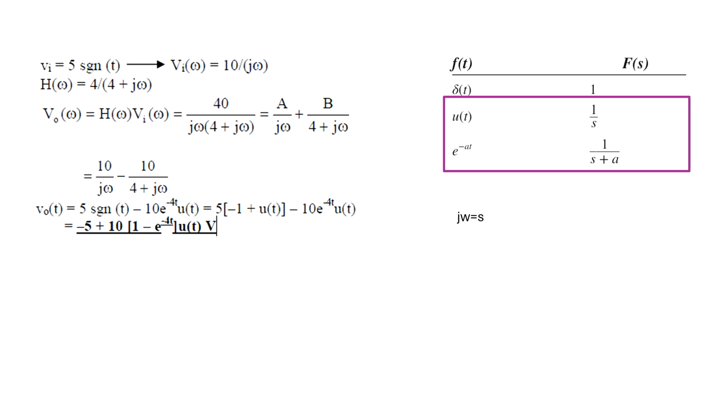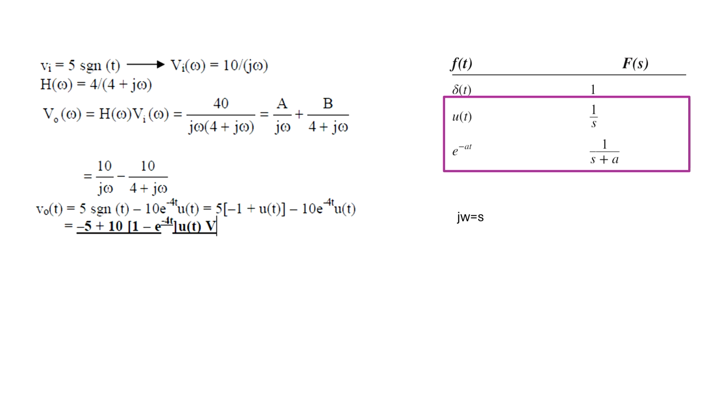And from the circuit that we have in the question, we can find H omega equals 4 over 4 plus j omega. Once we obtain H omega, we can substitute it into the transfer function: V naught omega equals H omega times Vi omega, which gives 40 over j omega times (4 plus j omega).